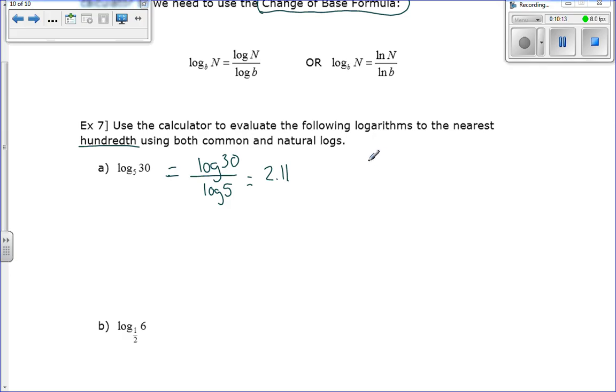The other way to do this problem is to say the natural log of the number divided by the natural log of the base and put it into the calculator, and you'd still get 2.11 rounded to the nearest hundredth.